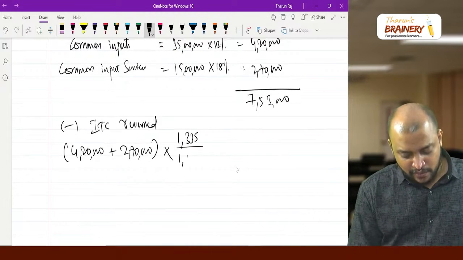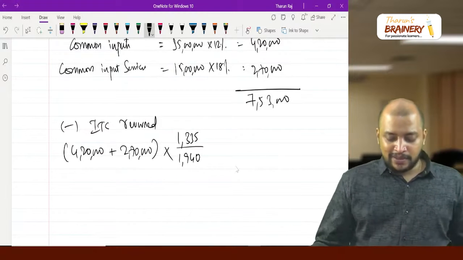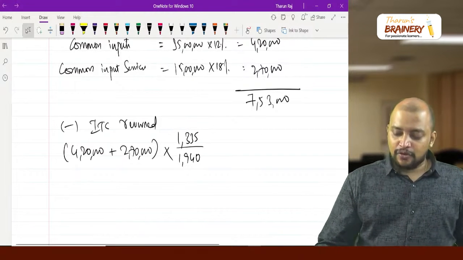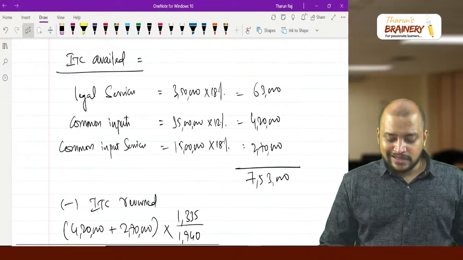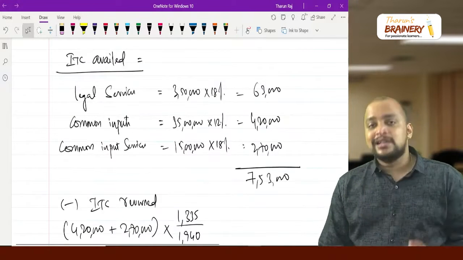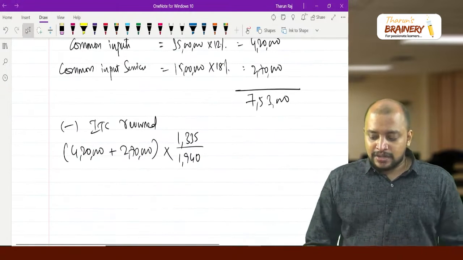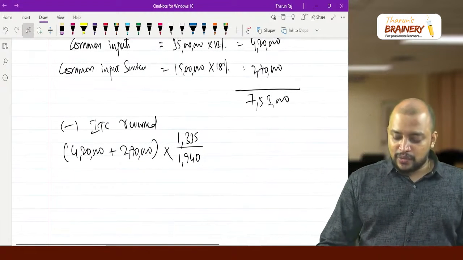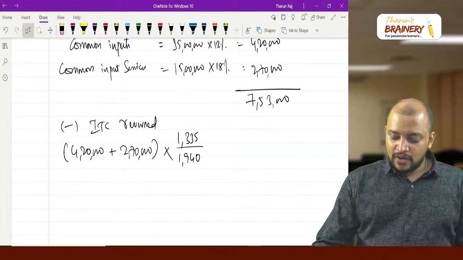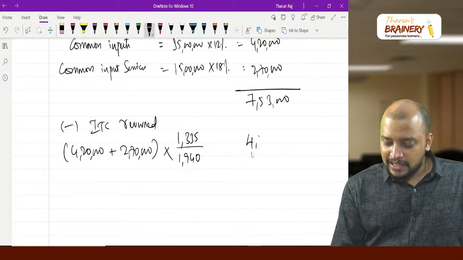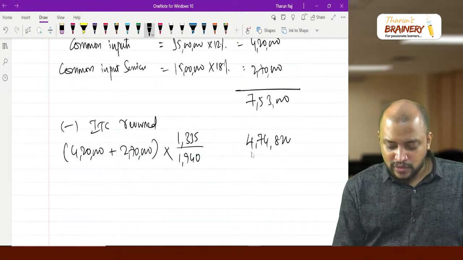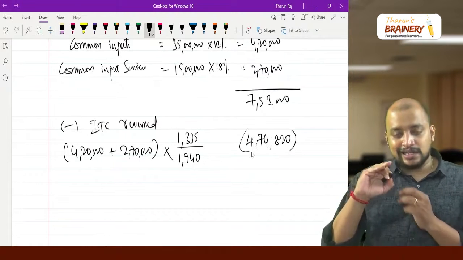Sir, what about this 63? No, 63 don't touch. 63 fully we can take. So 6,90,000 into 1,335 divided by 1,940, that will be 4,74,820, the ITC reversed.